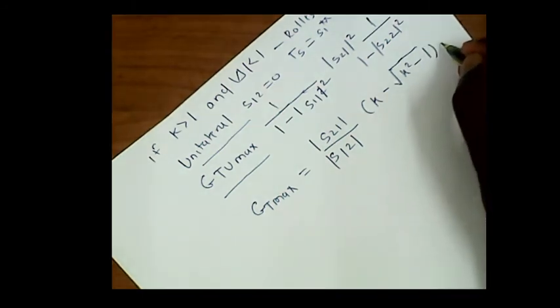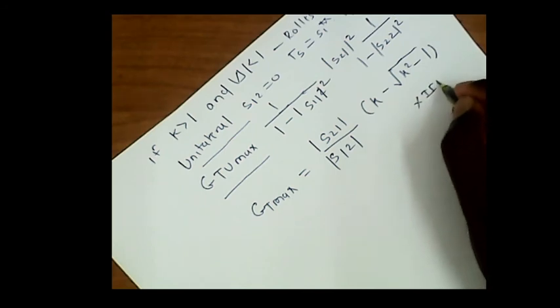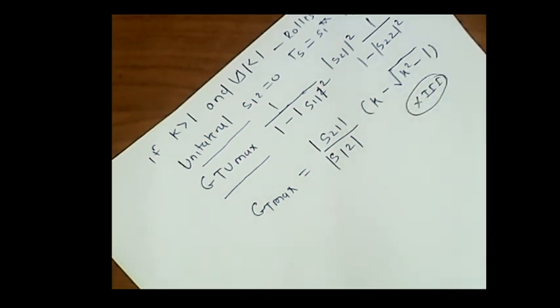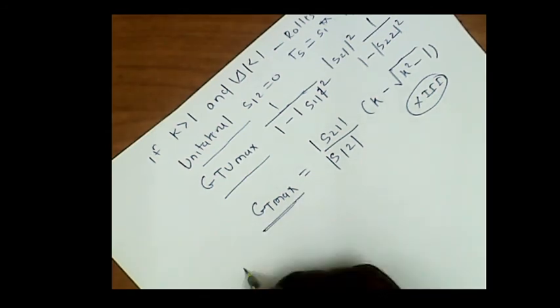So this is the equation, say number 13. The resulting expression is obtained by simplifying. The maximum transducer power gain is also sometimes called the matched gain.